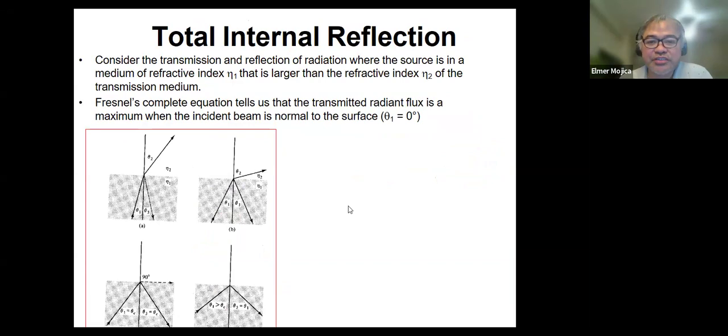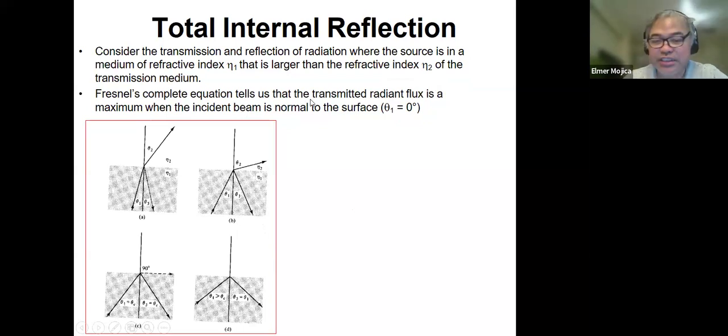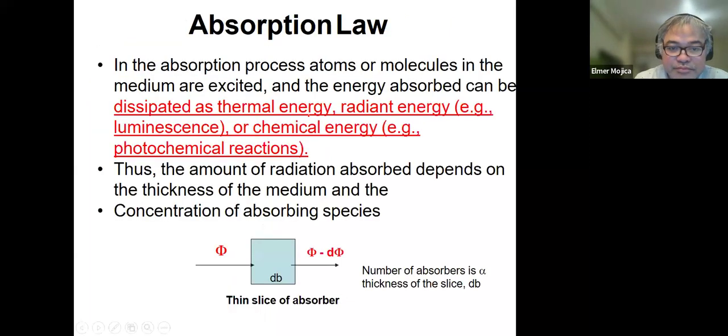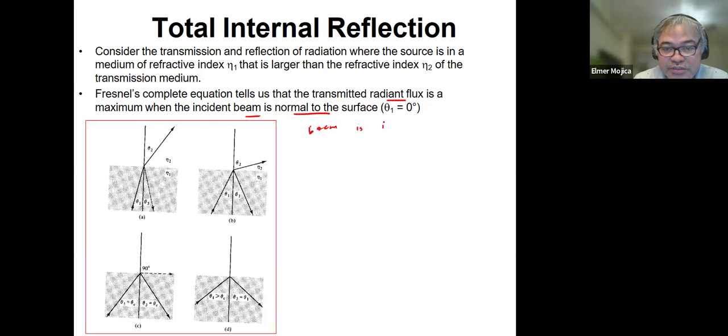So if we consider the transmission and reflection of radiation where the source is in a medium of refractive index N1 that is larger than refractive index N2 of the transmission medium, looking at the complete Fresnel equation, it tells us that the transmitted radiant flux is a maximum when the incident beam is normal to the surface. So here the incident beam is in a medium with a refractive index 1 that is greater than the transmission medium.